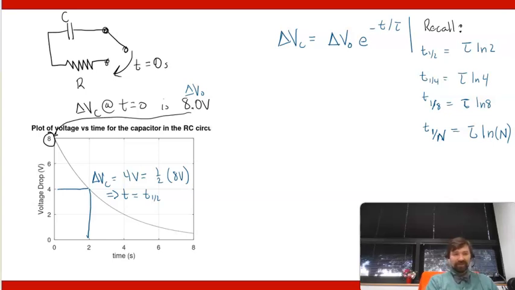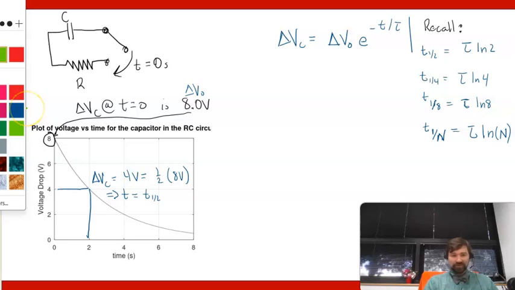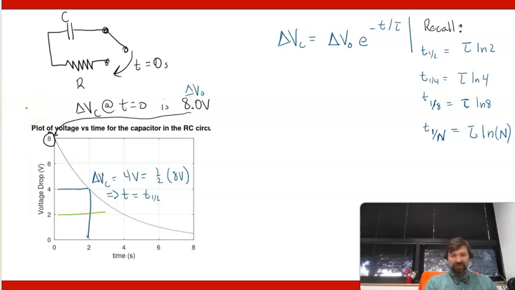I can also do that for other things like quarter life or eighth life. So this right here would represent my quarter life. Here delta VC is 2 volts, which is 1/4 of 8 volts. Again, this 8 volts is our initial. And so this means that T is T1/4.